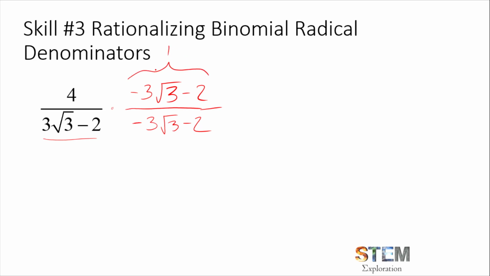So we're not changing it, we're just creatively multiplying by a conjugate in order to simplify and rationalize that denominator. So I want to go and solve this out. On the bottom, I'm multiplying these conjugates out.